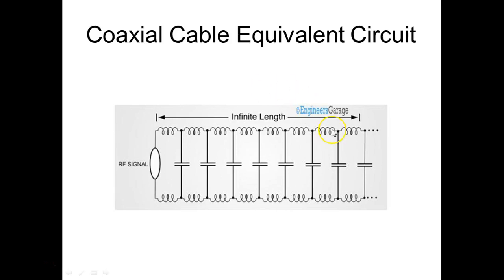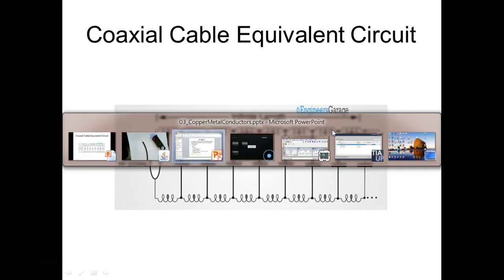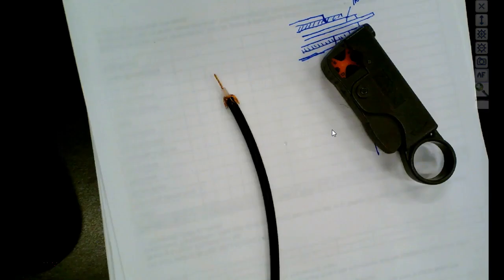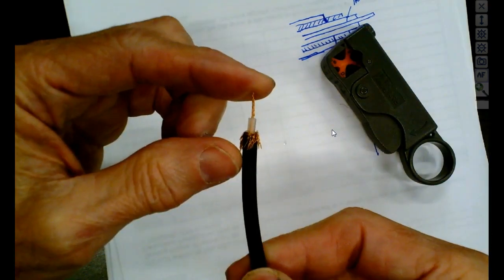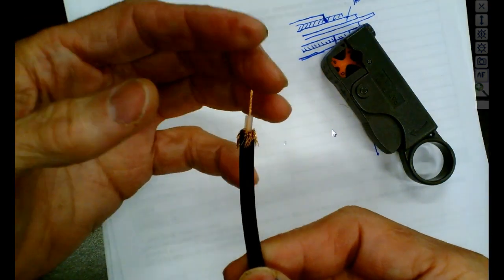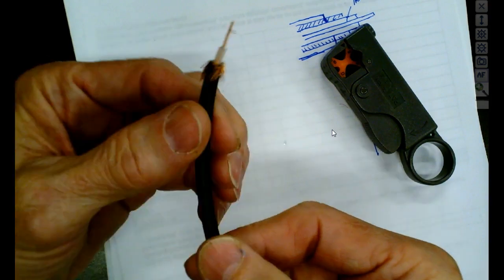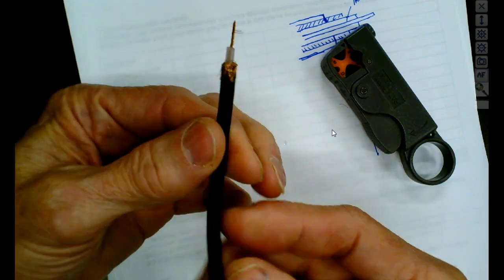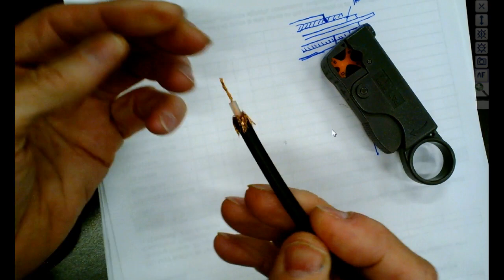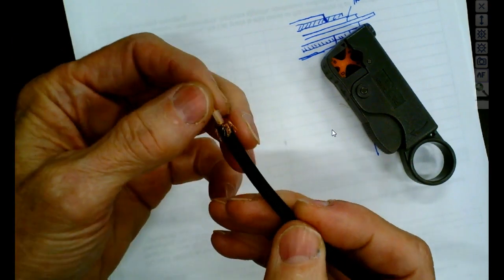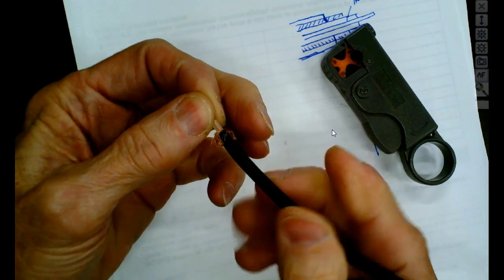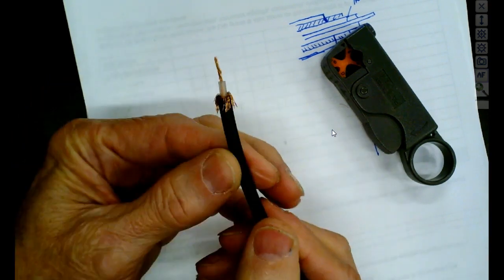If I put an ohm meter between the inside conductor and the outside conductor, it's going to measure infinity, because that's a resistance. That's not an impedance. To get the characteristic impedance, we would have to put a rated frequency on the cable, and then we would measure the impedance another way, which is pretty interesting.